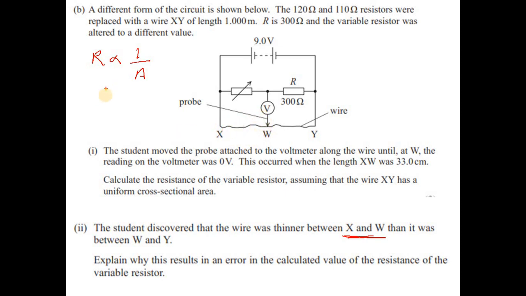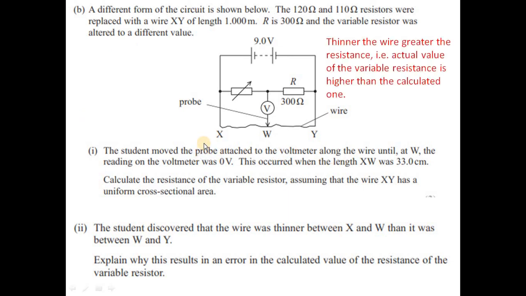And if you see your arrangement, X upon 33 equals 300 over 67, and if you send it to the other side, clearly this number is showing the resistance of the thinner region, so X must be higher. That's how we can write.